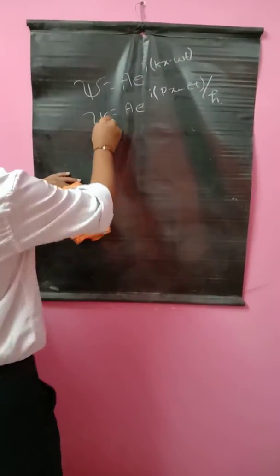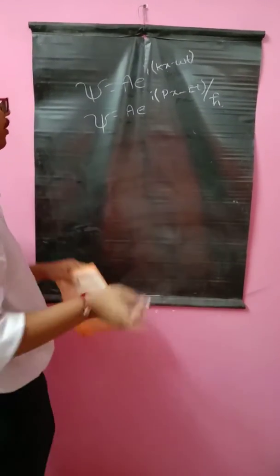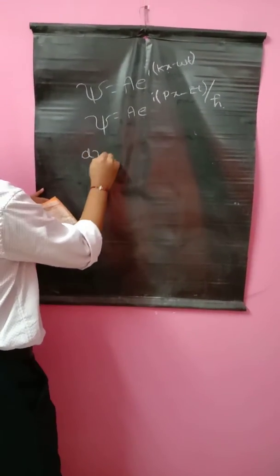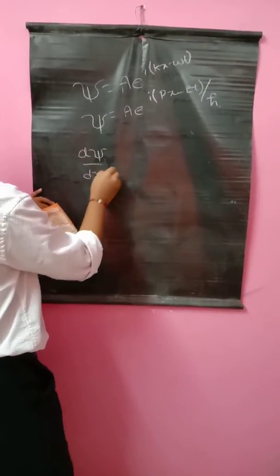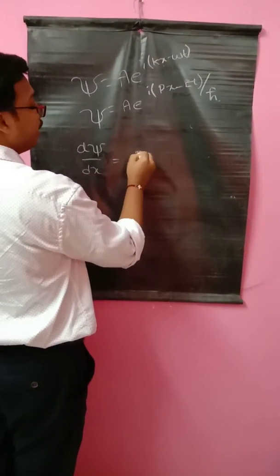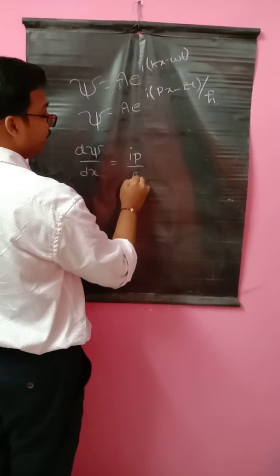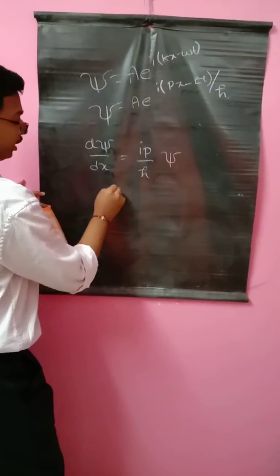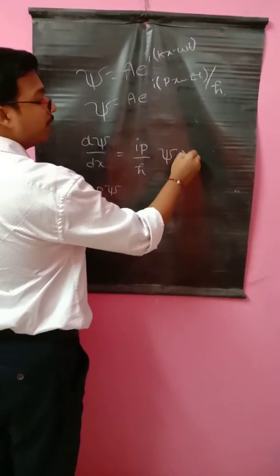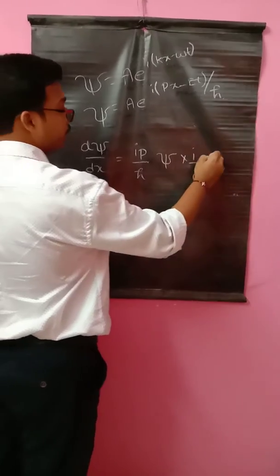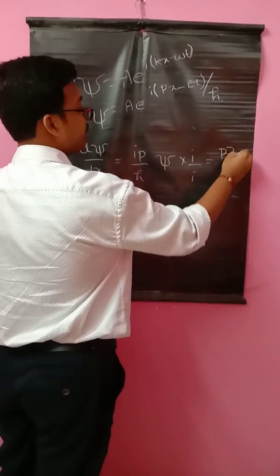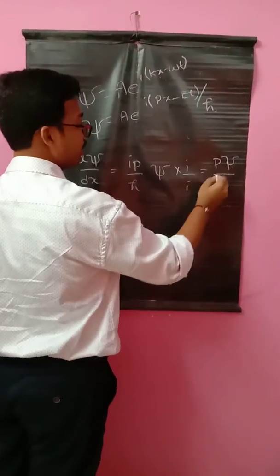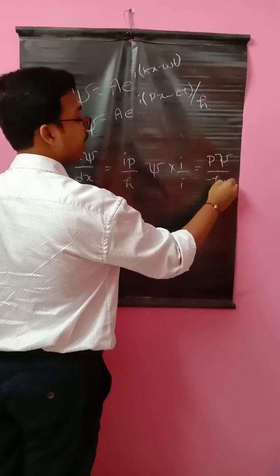Now we differentiate with respect to x. d psi by dx is equal to ip by h bar into psi. From this we can write p psi by multiplying with i by i, it gives p psi is equal to minus i h bar d psi by dx.